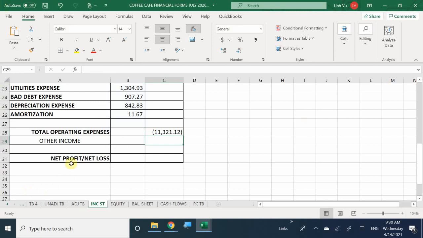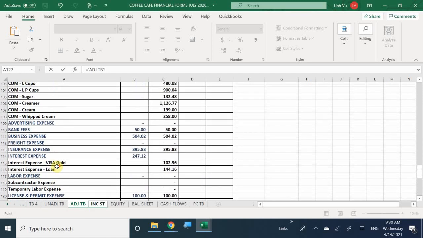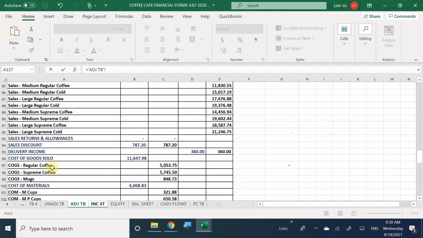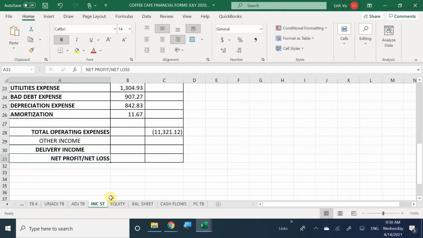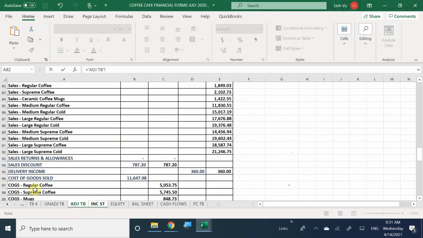All right, and last but not least, we have our other income. What was my other income? Delivery. So here we're gonna put that there, and I'm gonna align that to the left. All right, and that should increase your income by how much?